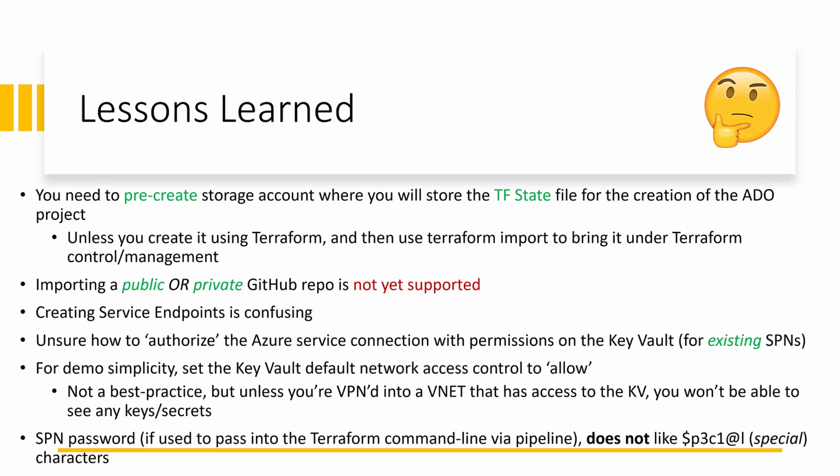You wouldn't be able to go and check, hey, did it populate that value as I expected, right? Because I'm not connected from my personal system into a VPN that's connected to the VNet that the Key Vault is restricted to. So for simplicity in a demo standpoint, I leave it to allow, but that's not what you would do in a production environment.